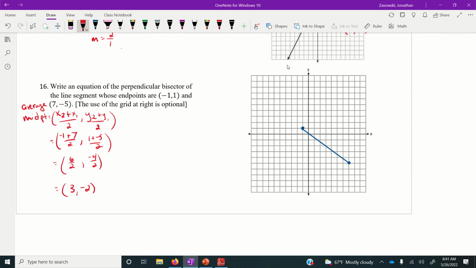So 3, negative 2, there's our midpoint. You could have also just figured out that you're going to drop down 6, so instead of going down 6, if you only went down 3, you'd be in the middle, and then we'd be going over 8 spots.